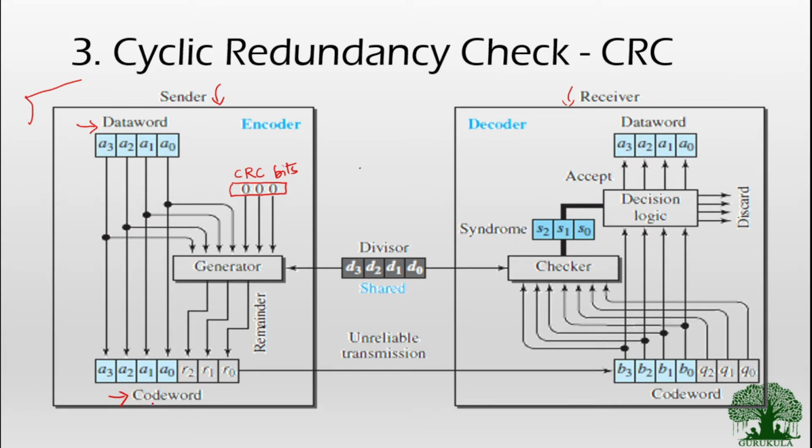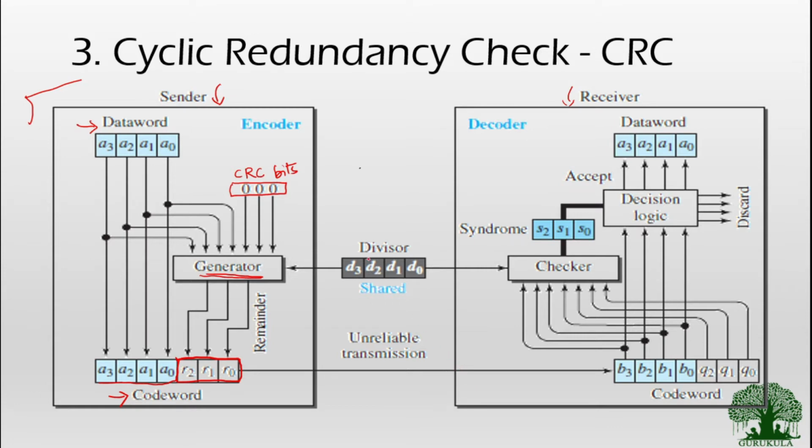Your code word is nothing but your data bits appended with a few redundancy bits that we got out of the CRC algorithm. These redundancy bits will be given by the generator, which actually performs the CRC, and the output we get from the generator will be added to the data bits, and then your code word will be transmitted over an unreliable channel or medium.